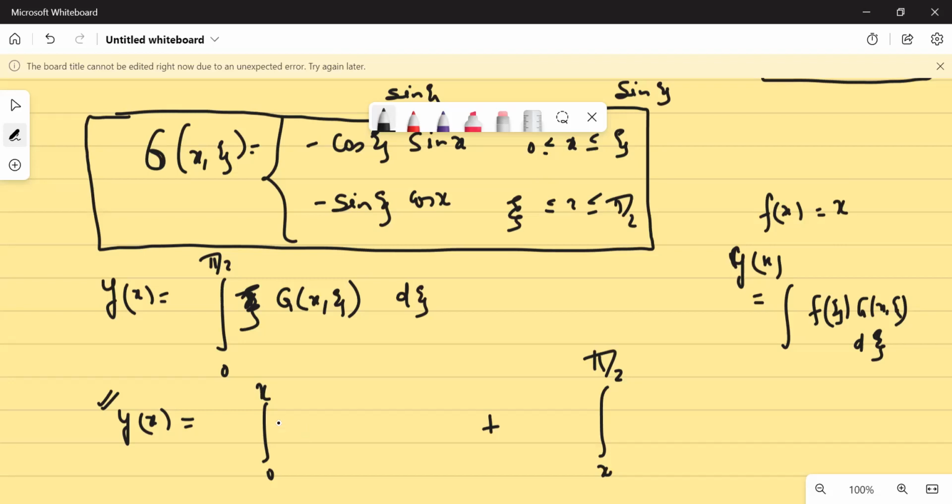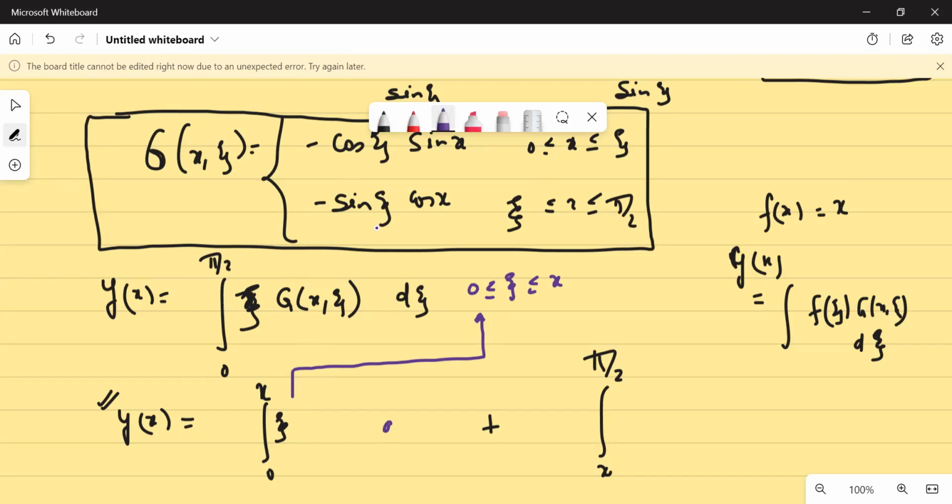So here I would integrate over zeta, and here you are clueless what to write. See, understand my point, in this case, these limits are on zeta, so zeta varies from 0 to x. Is that clear?